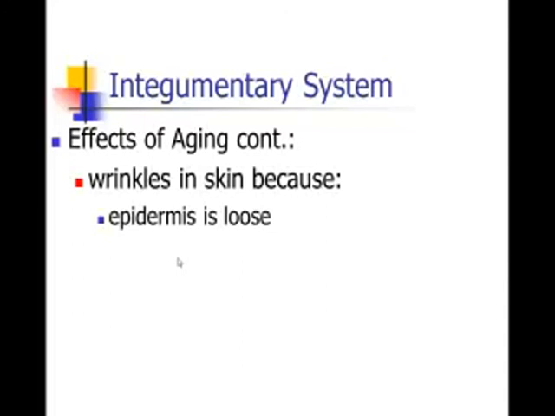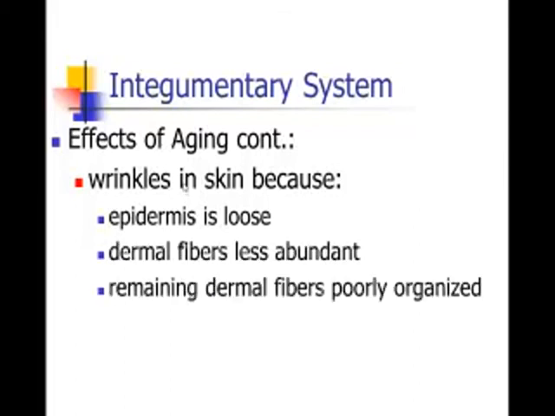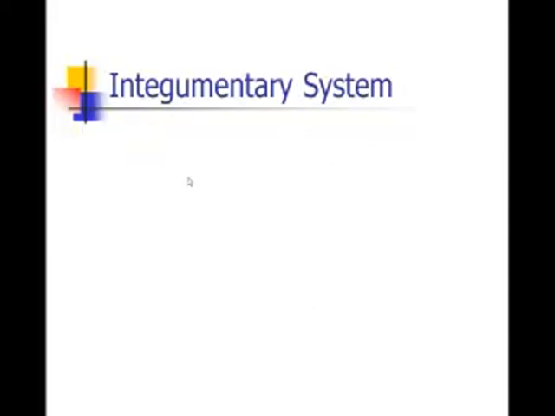So people as they get older get wrinkly skin. This is because the epidermis is loose compared with the dermis. The dermal fibers are not as strong, and there are fewer of them. And then what is there is poorly organized.